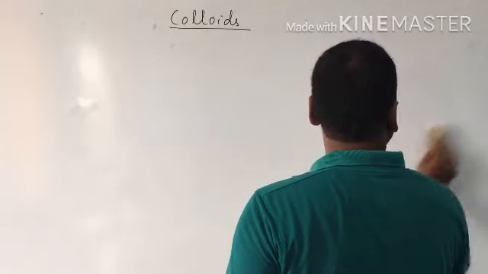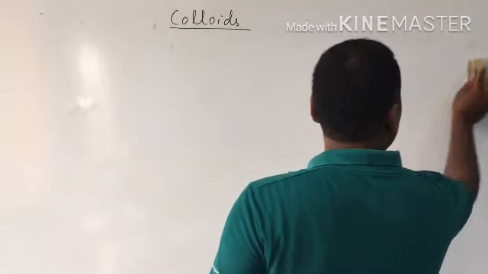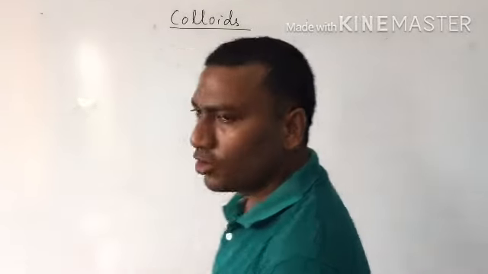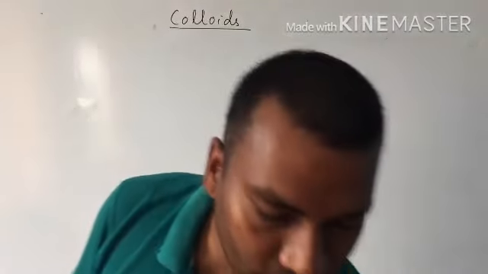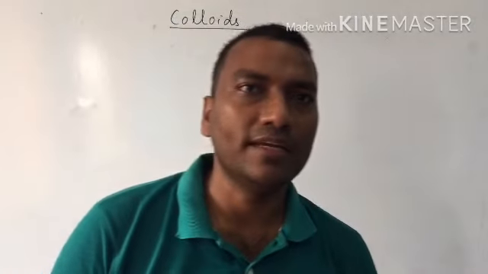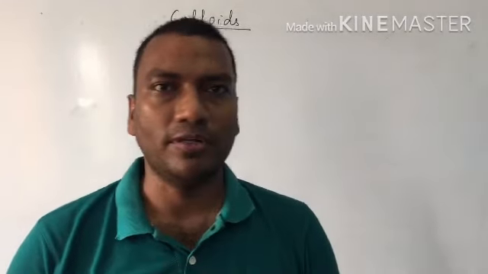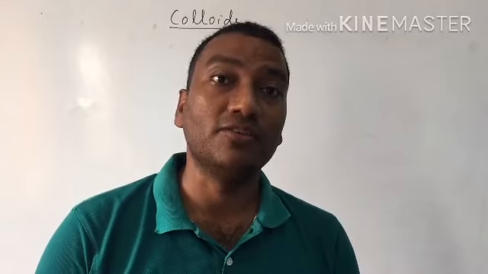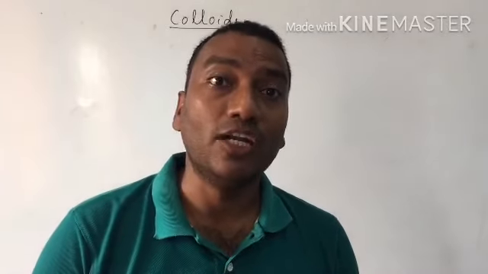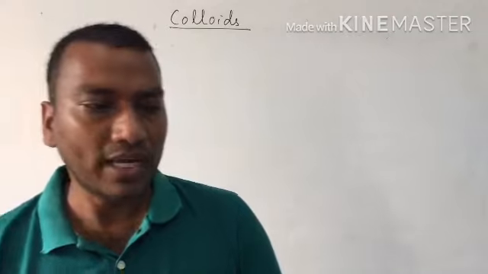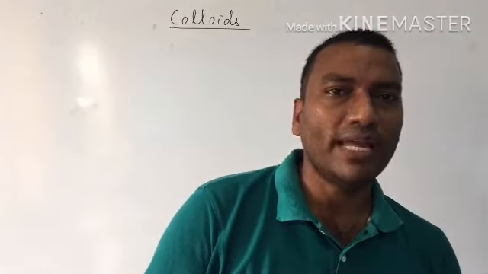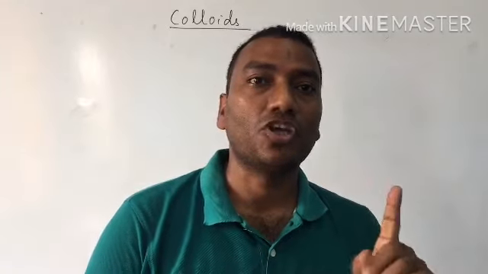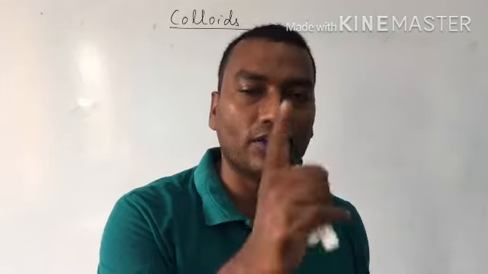On the basis of the nature of interaction between dispersed phase and dispersion medium, colloids are of two types, called philic and phobic. And remember, when the solvent is water, it is also known as hydrophilic or hydrophobic. So when a question comes, what do you mean by hydrophilic, you never write solvent loving, you write water loving.